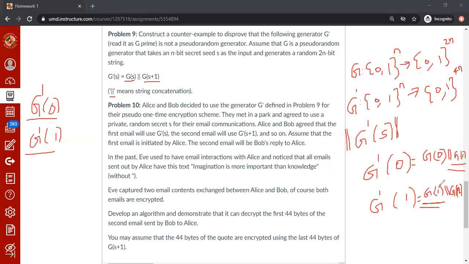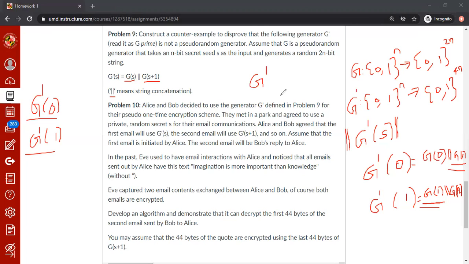If they are equal, we can conclude that we are interacting with a generator that's not truly random. Which is not good. In cryptography, we should not allow the attacker to distinguish between a pseudo-random generator and a real random generator. But if G prime is treated as a pseudo-random generator, they can distinguish.